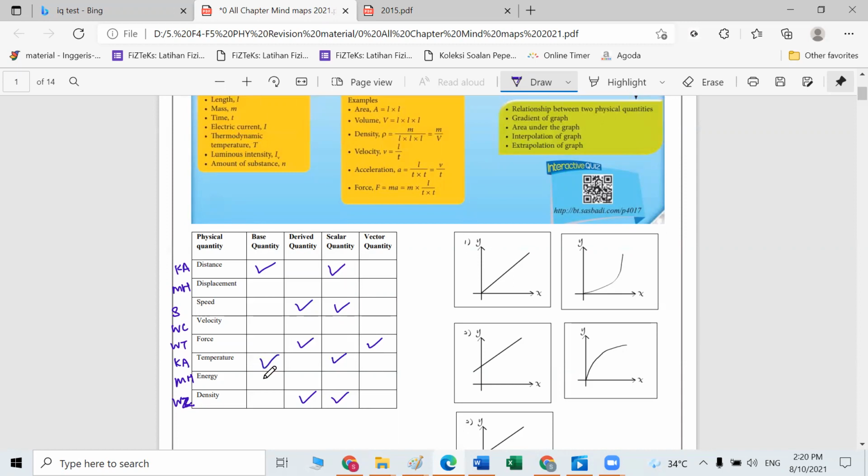Minh Hong, vector, base or derived? No, displacement is base. Wan Cheng, yeah, it's derived.